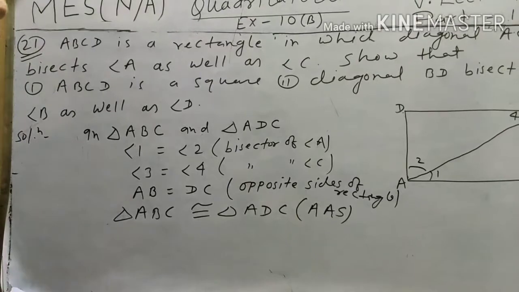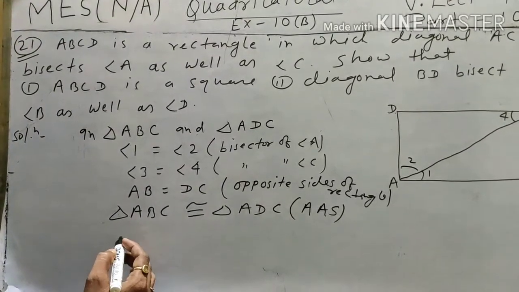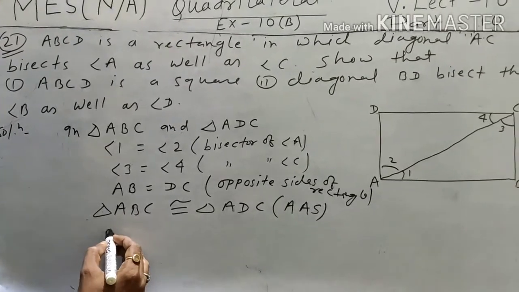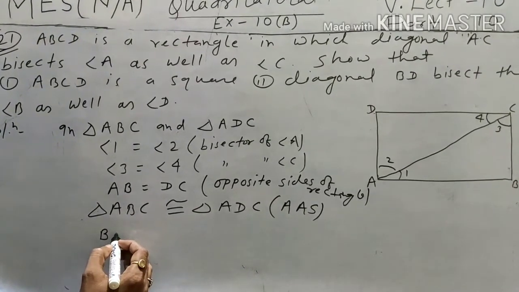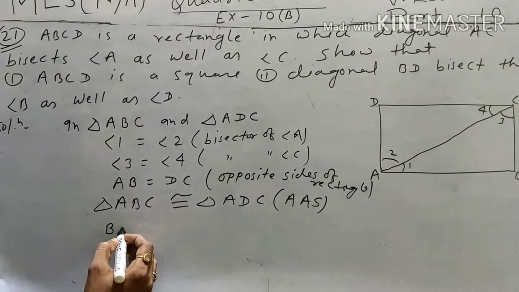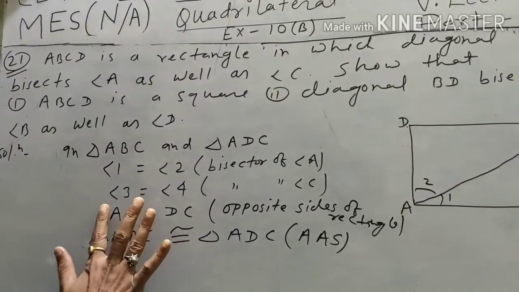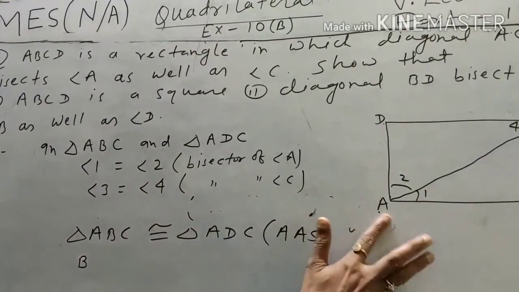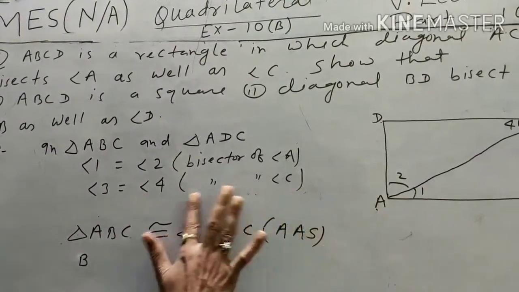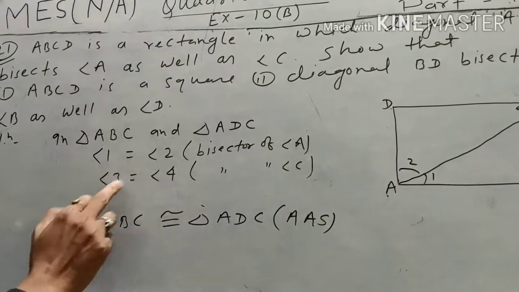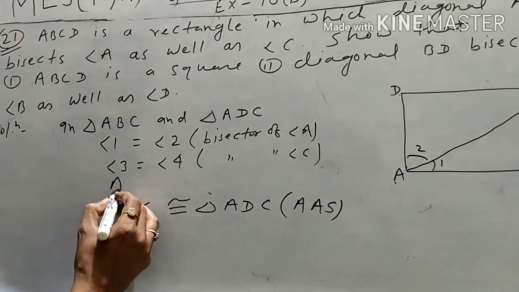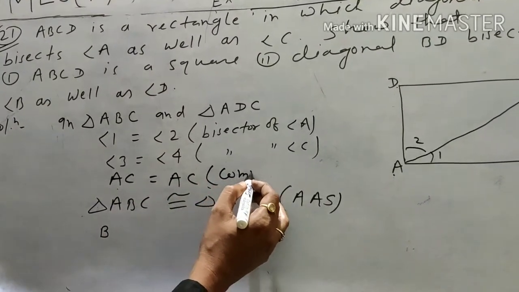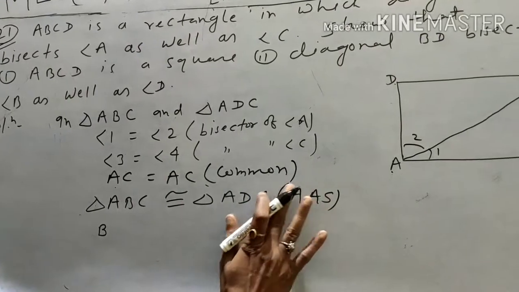Okay student, by CPCT we can write here, not this thing, you have to change, something is wrong here. Angle 3 is equal to angle 4. And AC is equal to AC, common. So by which criteria?